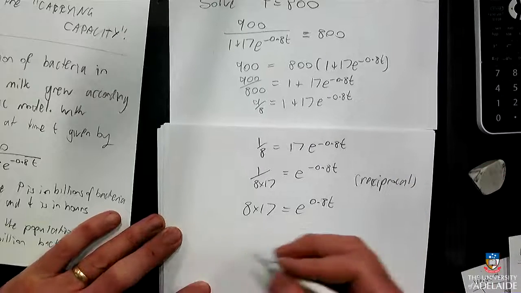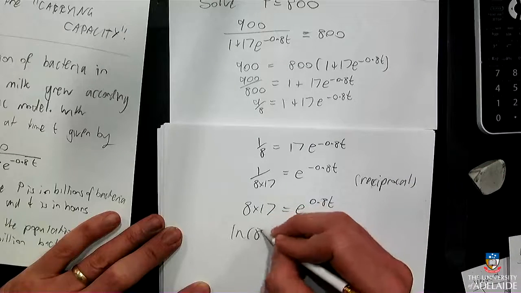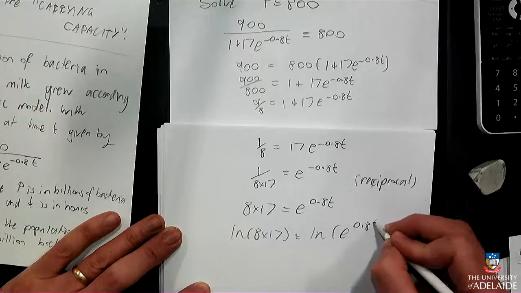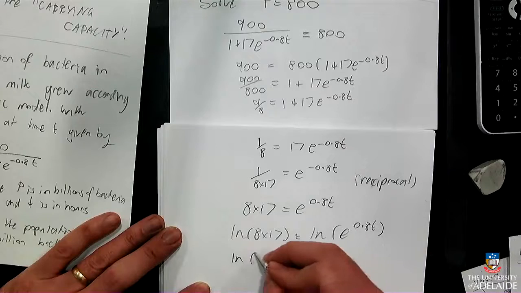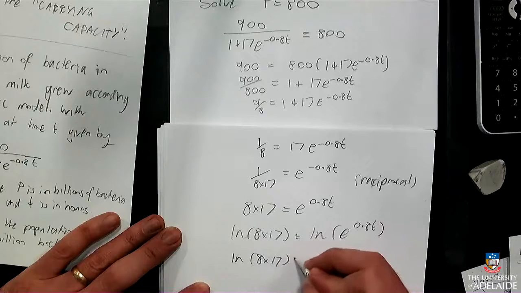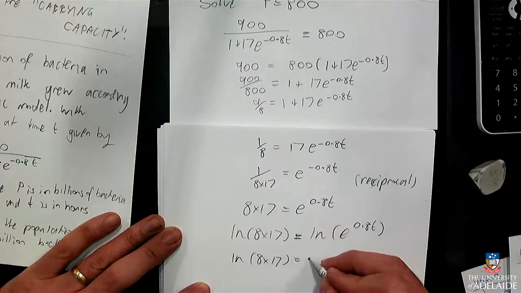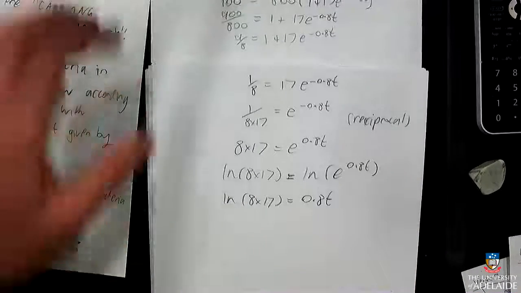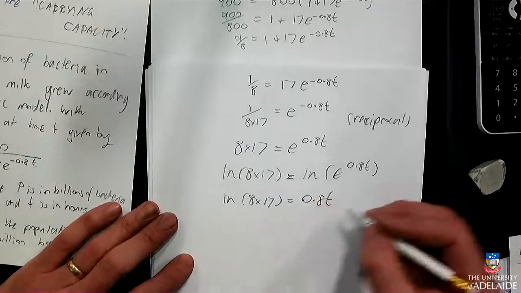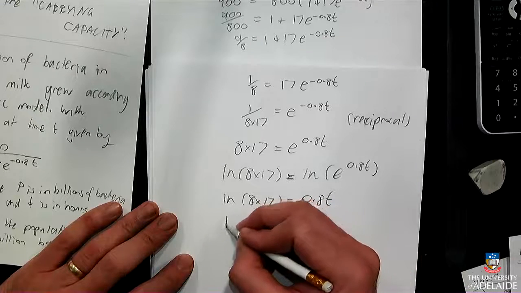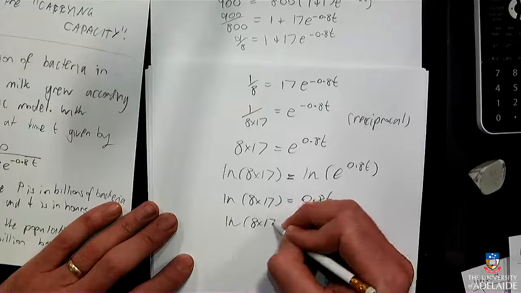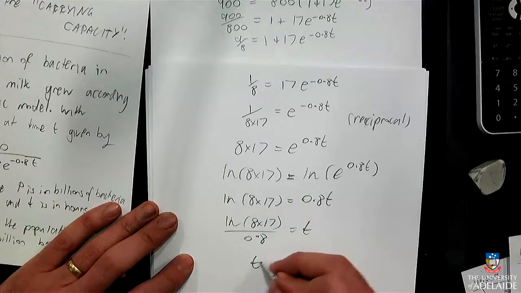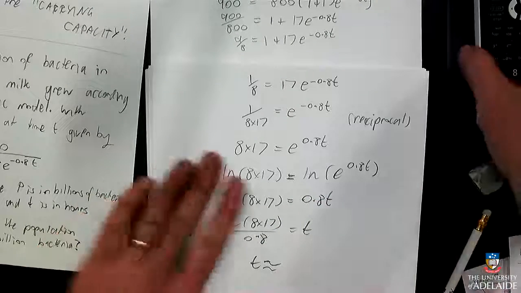Now that feels more comfortable. ln of 8 times 17 is ln of e to the 0.8 t. And so ln of 8 times 17 is 0.8 t. And so I could divide everything by 0.8. So ln of 8 times 17 over 0.8 is t. And so t is approximately whatever that works out to be.